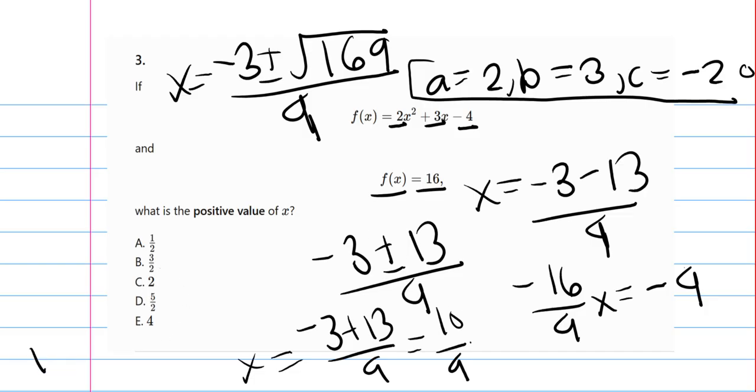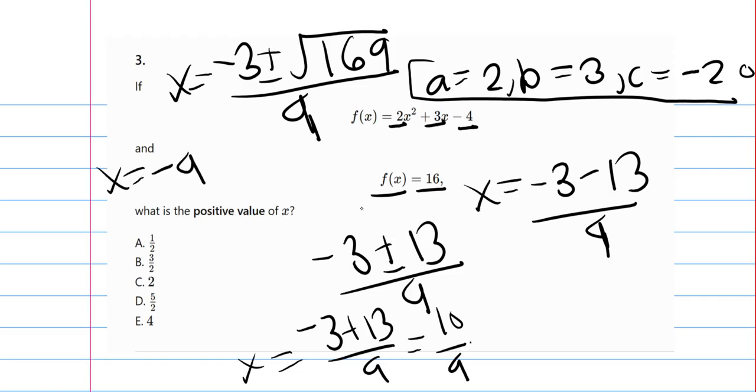Wait, I don't have a space. It's the problem. Let me erase some of it. Since I know that one value of x is negative 4, I can just simplify this by dividing both the numerator and denominator. So that would be 5 over 2.